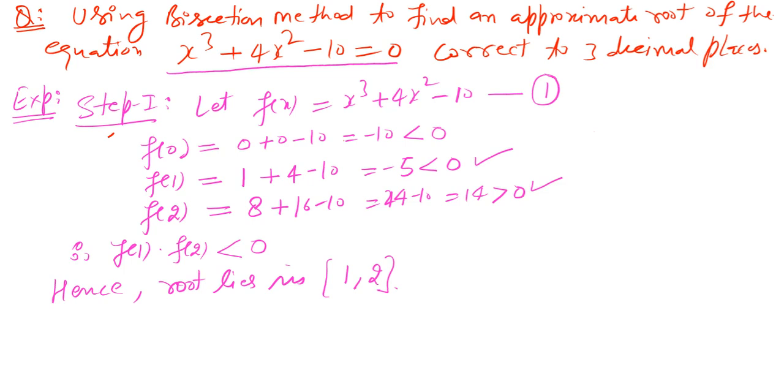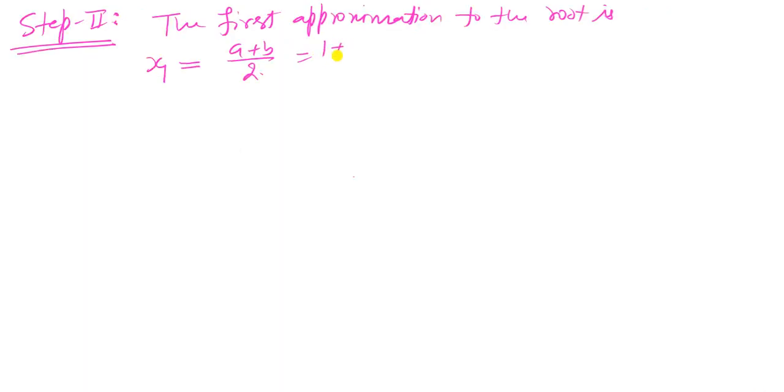When the functional value is negative, that value is a; that is, f(a) is negative and f(b) is positive. Here f(1) is negative and f(2) is positive. So a = 1 and b = 2, and x1 = 3/2 = 1.5.